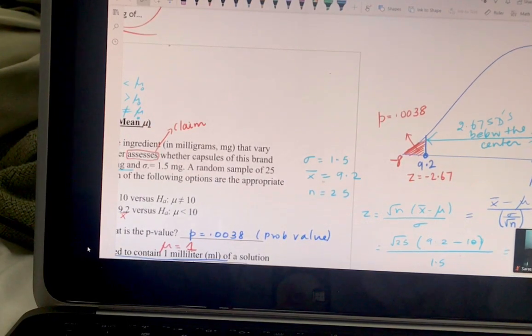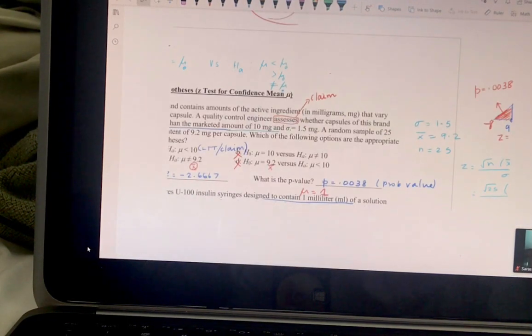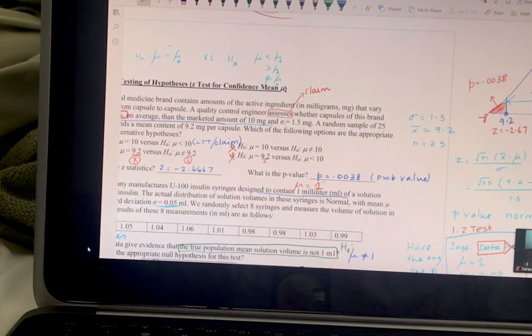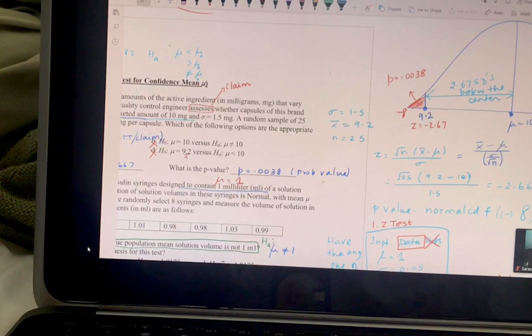I did not ask you to compare the p and alpha because my alpha is not given in the problem. So in order to answer the question, I am going to complete the z-score number, which is 2.67, and the p-value. So let's just answer the question, okay? I'm not doing the entire process here.